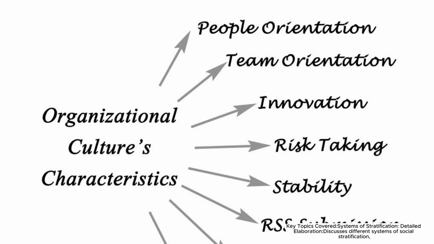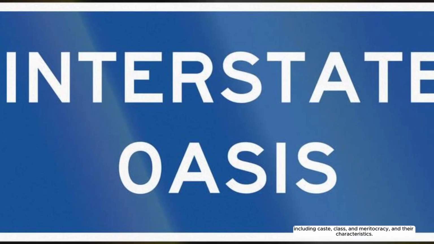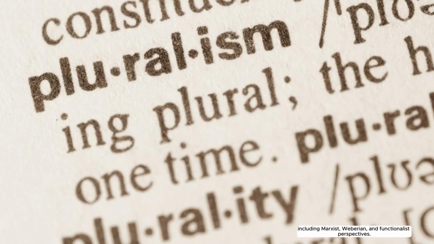This discusses different systems of social stratification, including caste, class, and meritocracy, and their characteristics. Theories of stratification. This examines major theories explaining social stratification, including Marxist, Weberian, and functionalist perspectives.